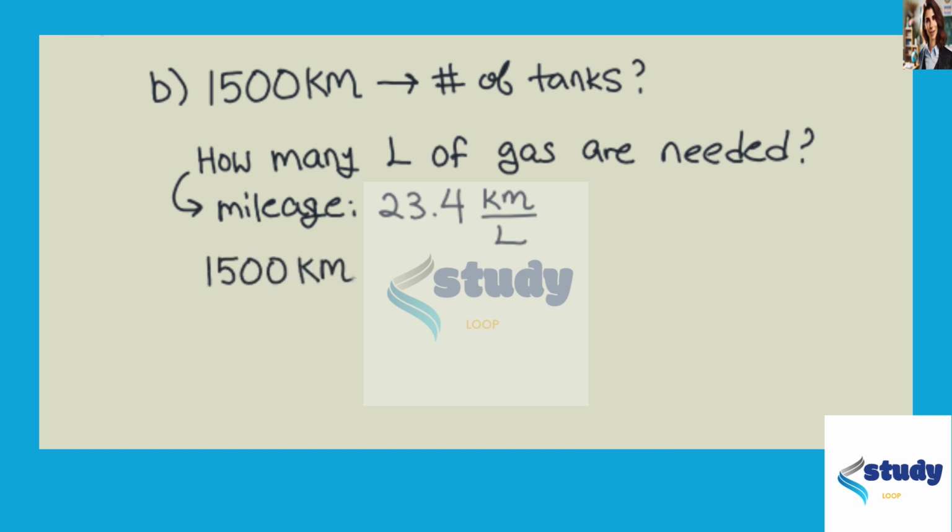So we have our 1,500 kilometers, and I will multiply this value, not by the mileage, but by the inverse of the mileage. So for every 1 liter of gas, I will be able to travel 23.4 kilometers. So if I multiply this out, you'll see that my kilometers will divide out, and I'm left with some value in terms of liters.